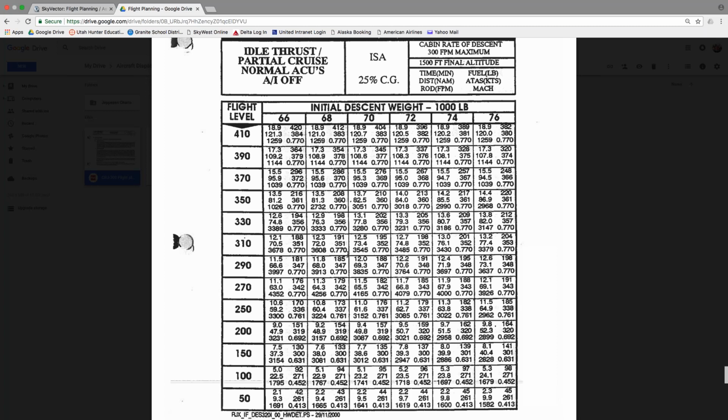Once I have that number, X, I subtract it from our 373 for total distance, right? X is just a random variable, whatever this equals. 373 minus that number is your en route, how much distance I have between top of climb and top of descent. That'll be my cruise.